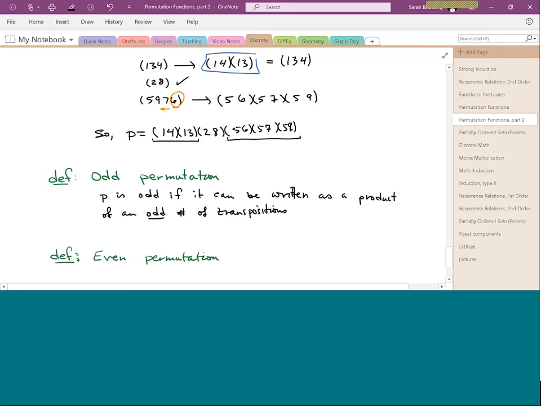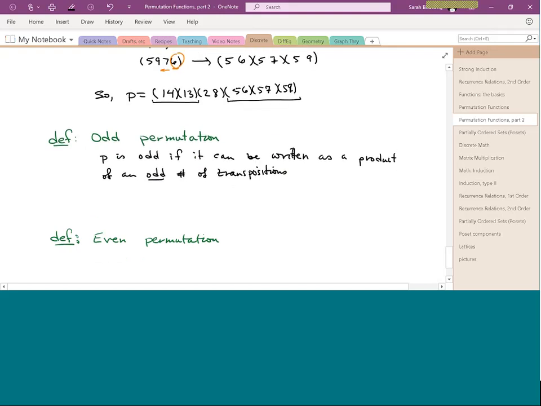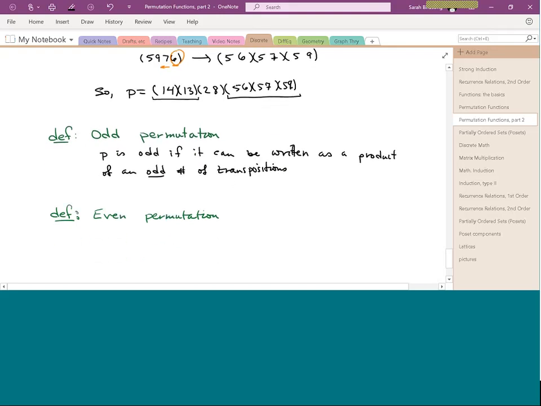Any guesses what the definition of even is going to be? You mean the exact same thing with 1 change. Any guesses what that 1 change is?